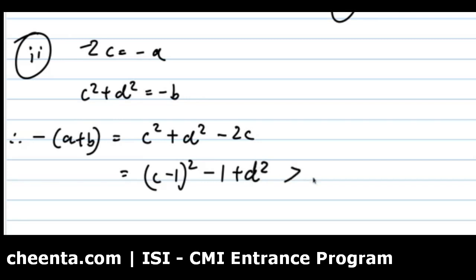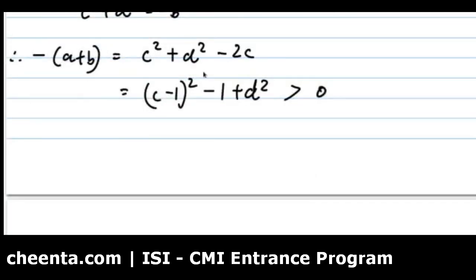So we can say that this is strictly greater than 0. Why strict? So, sorry, no, my bad. Strictly greater than -1. Why strictly? Because these are perfect squares, so they will sum up to at least 0.